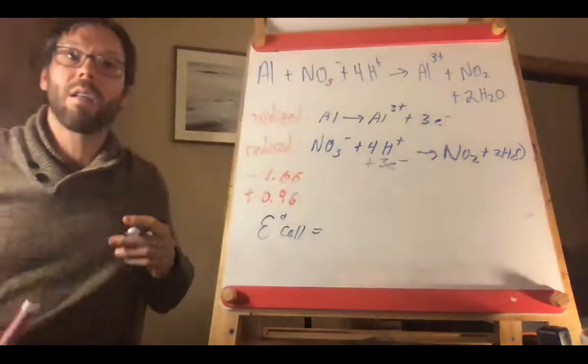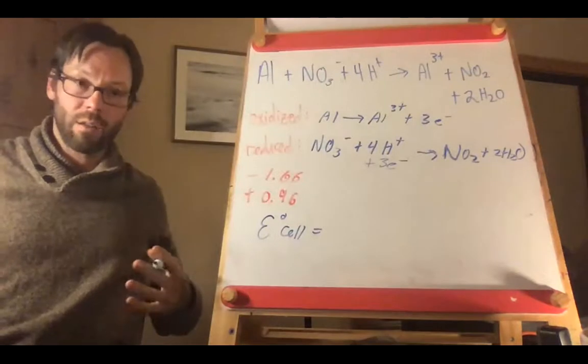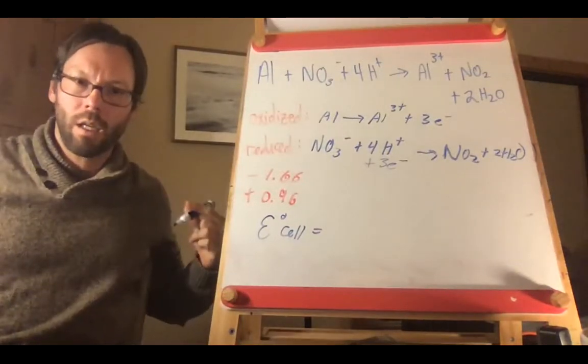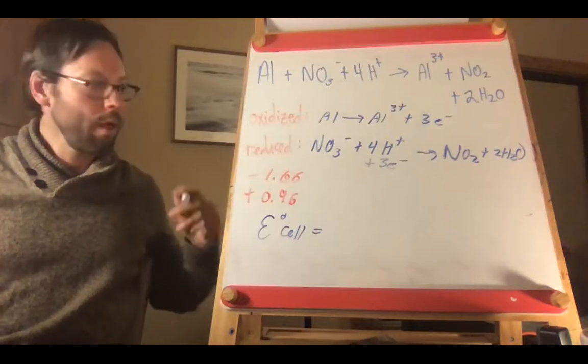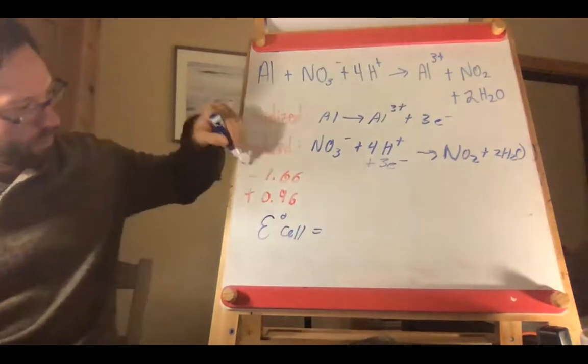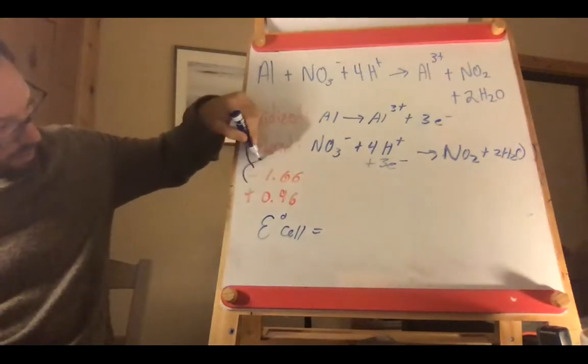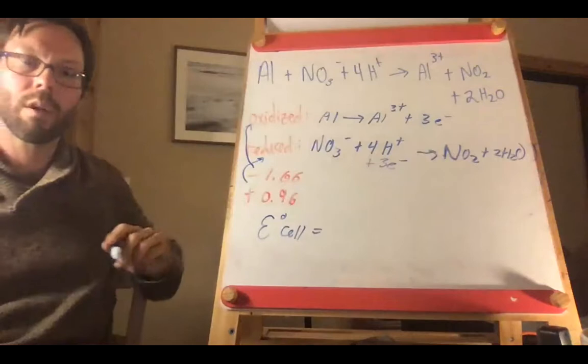We said it was E final minus E initial, or E cathode minus E anode. So this value is for the oxidation, and this value is for the reduction, right?